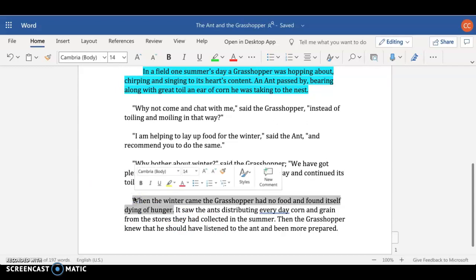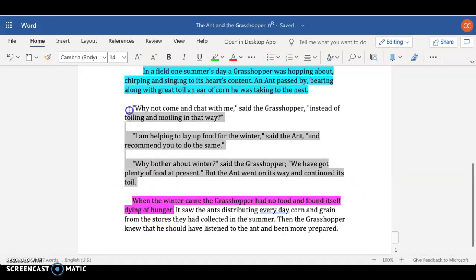Well, that's a pretty big change considering he was having fun and playing, and then all of a sudden, now he's dying of hunger. So if this is our climax, that means everything in between is our rising action. So now we have our exposition, our rising action, and our climax.